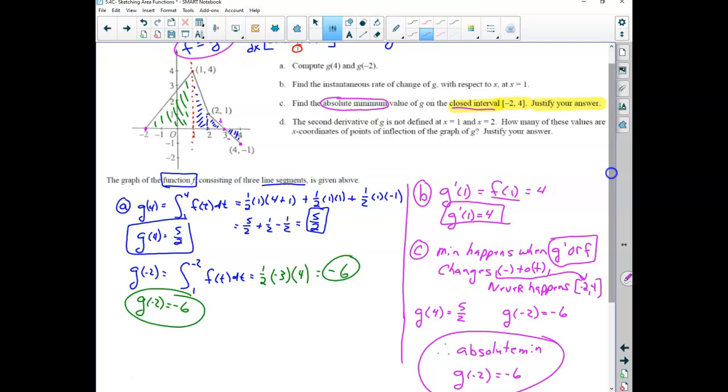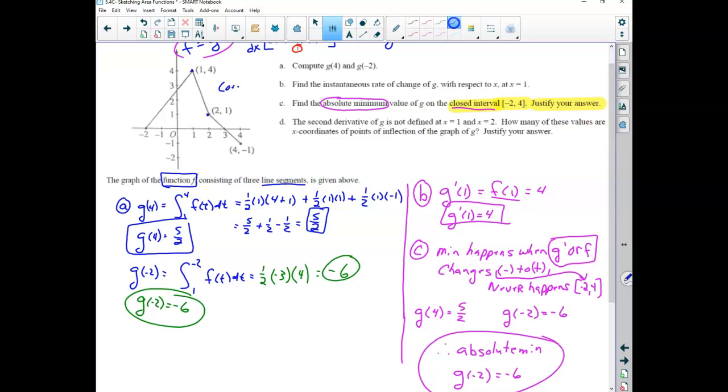Very last one. The second derivative of G is not defined at x equals 1 and x equals 2. Well, you know why that is, don't you? You know why the second derivative is not defined there: those are corners.